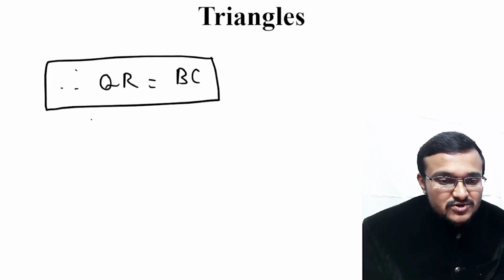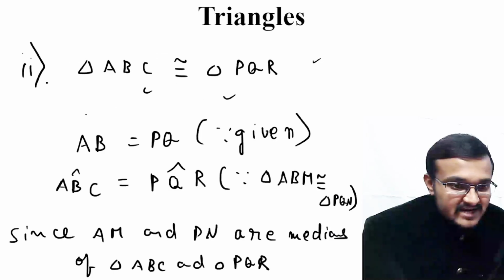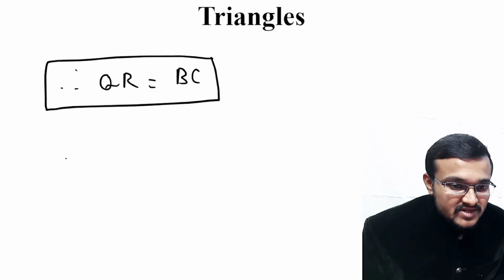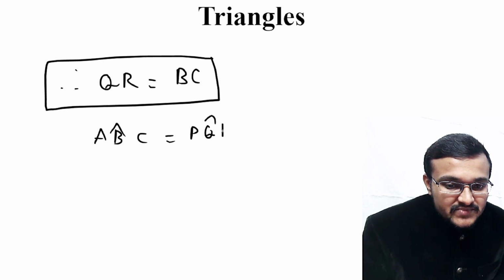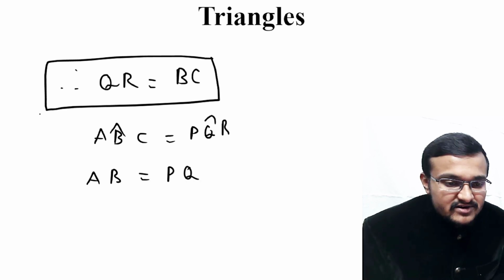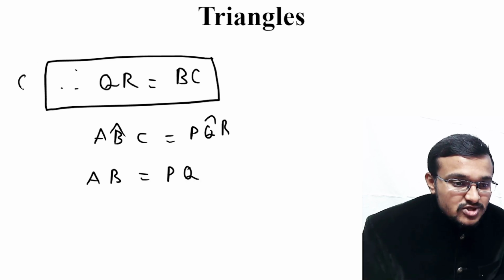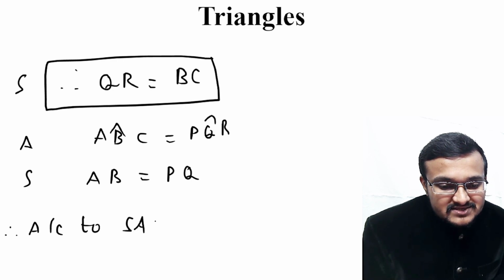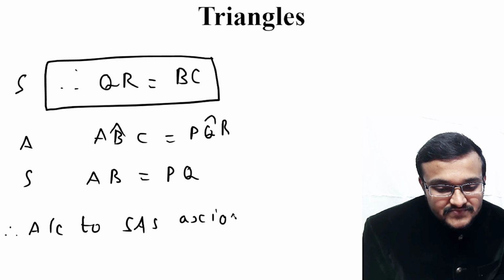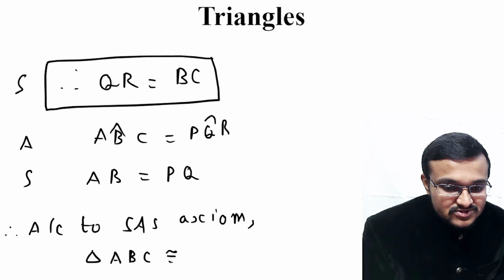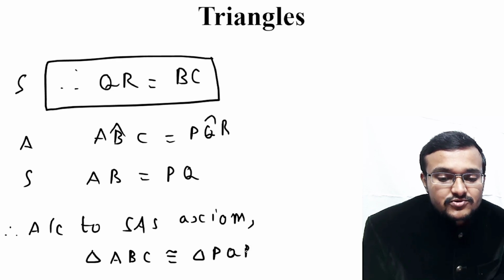So since QR is equal to BC, and initially we had AB is equal to PQ, which they have already given, and angle ABC is equal to angle PQR, according to SAS axiom, triangle ABC is congruent with triangle PQR.